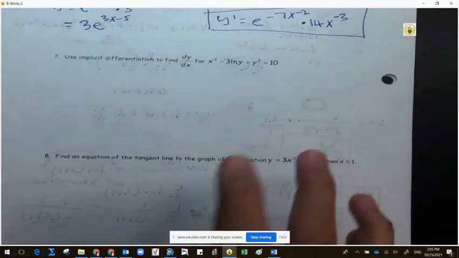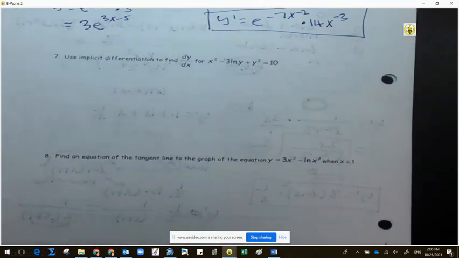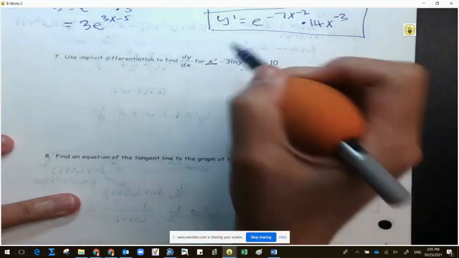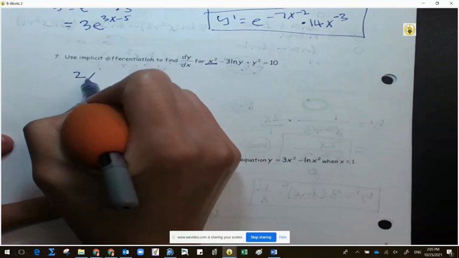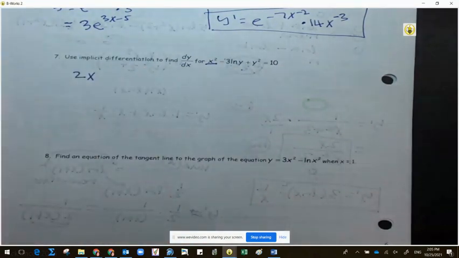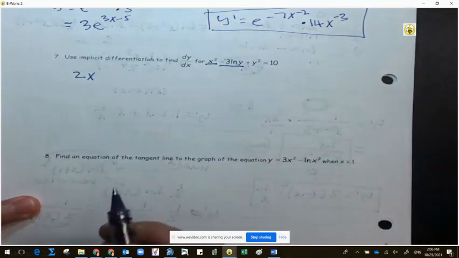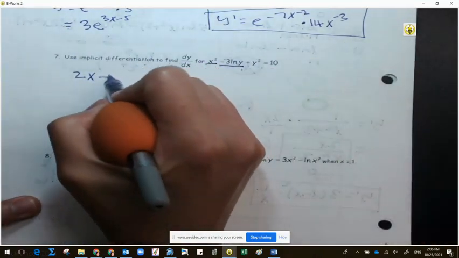Okay, on number 7, let's go ahead and find the derivative with respect to x. What is the derivative of x squared? 2x. Are there any questions on this? For the next derivative, I'm going to leave the negative 3 alone.